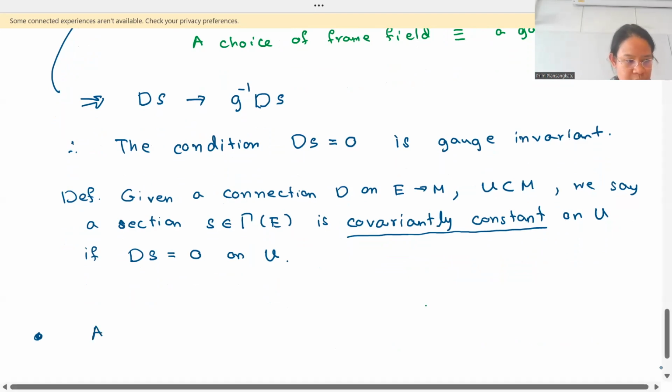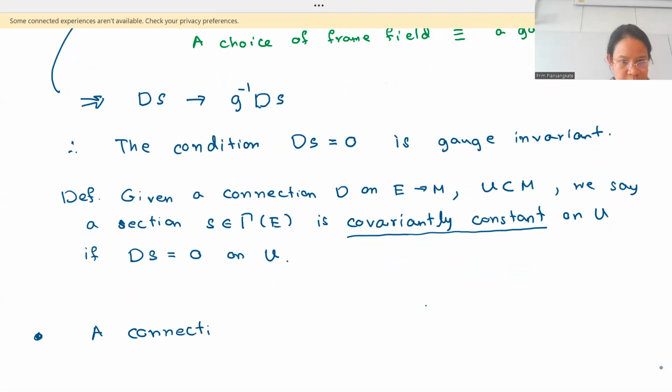Okay, so a connection, we can extend the action of connection on E-valued one forms, in fact, any k-forms, or any forms of any order. So it defines, and this operator we call the covariant exterior derivative.